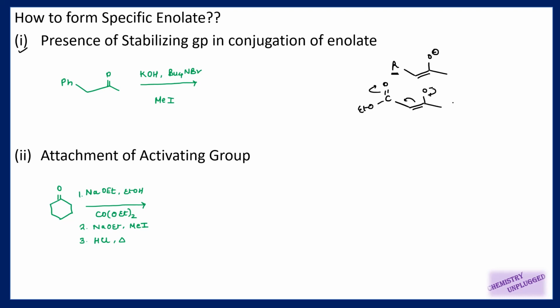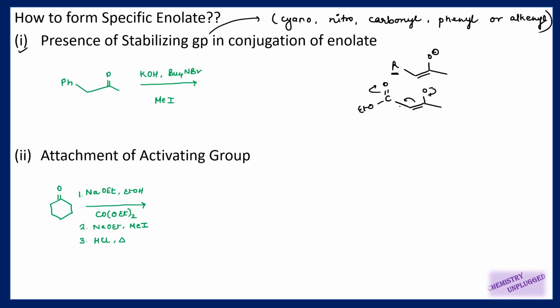That is why these groups are called stabilizing groups. And we can have different types of stabilizing groups. These can be cyano, nitro, carbonyl, and even phenyl or alkenyl, right? So these groups can stabilize your double bond, or you can say your enolate.